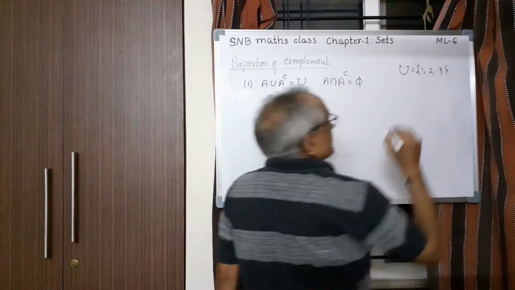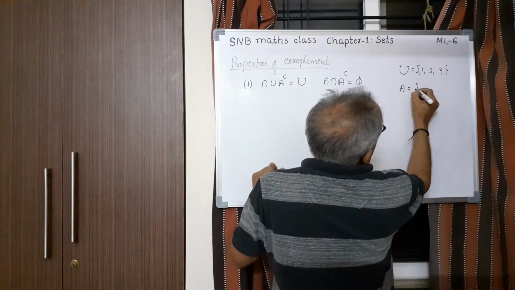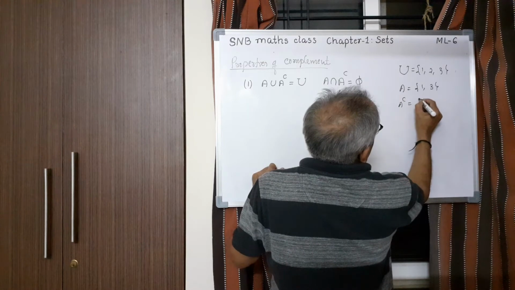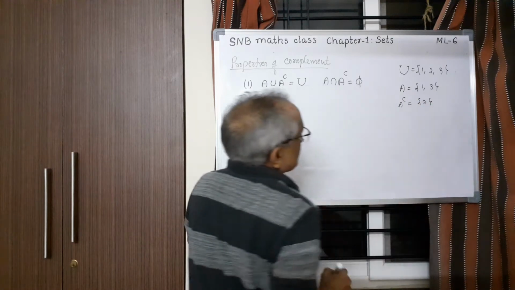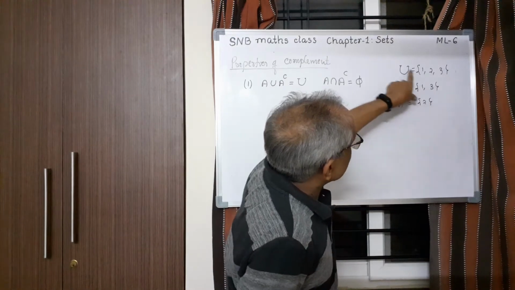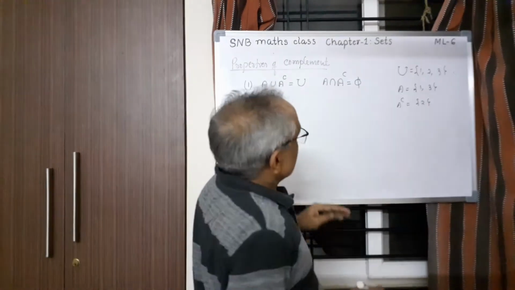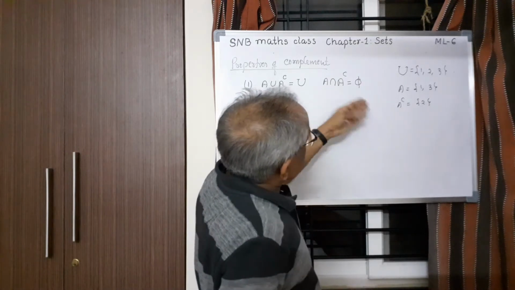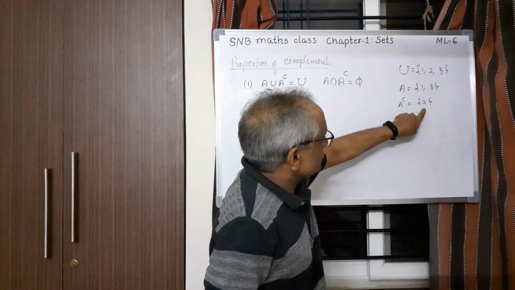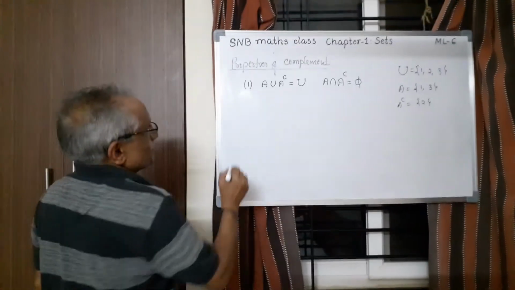Let us take very small U. Then take A equal to say {1, 3}. Definitely A complement will be {2}. Now if you take union of A and A complement, what do you get? {1, 2, 3}. That means you will get U. So this is the first property. Very simple. The second one is intersection should be phi because A contains 1, 3 and A complement contains 2. They are disjoint. Therefore it is phi.